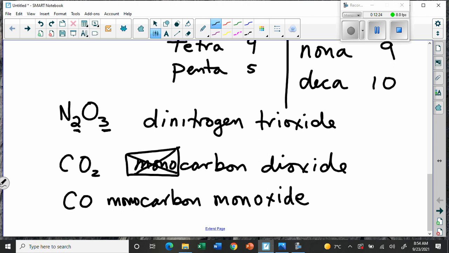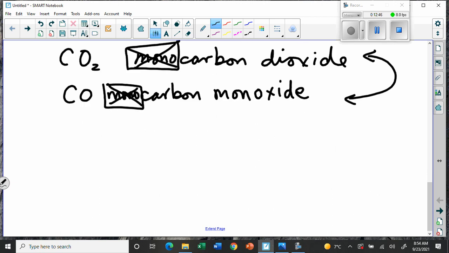So monocarbon monoxide, but we don't usually use the mono up front here because it's kind of obvious, and so it gets shortened to carbon monoxide. So the mono is sometimes used on the second word for emphasis to distinguish between these two, right? But it's hardly ever seen on the first one. It's just assumed.